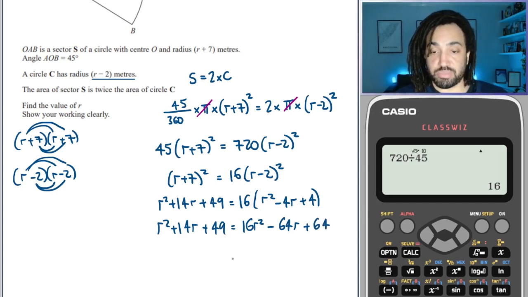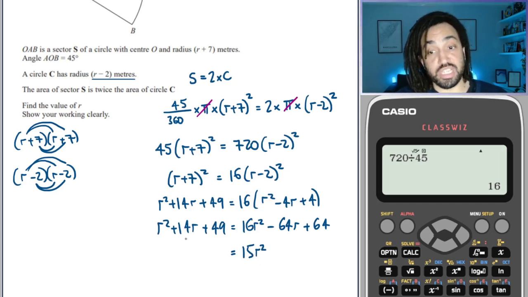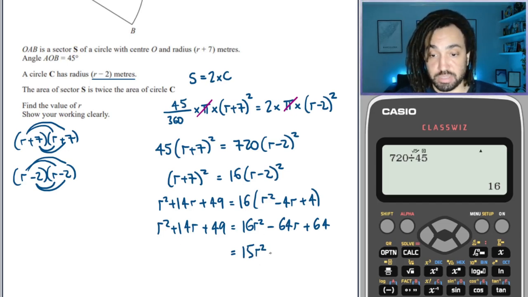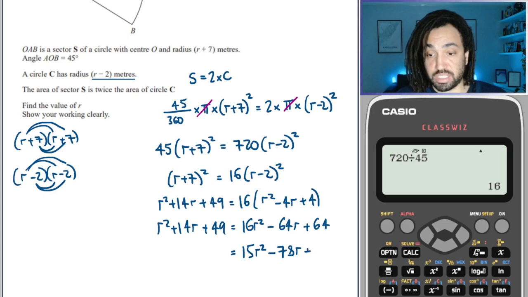And then we're going to subtract r squared from both sides. That will leave me with 15r squared over there. We'll subtract 14r from both sides, which will leave me with minus 78r. And we'll subtract 49 from both sides, which will leave us with 15.